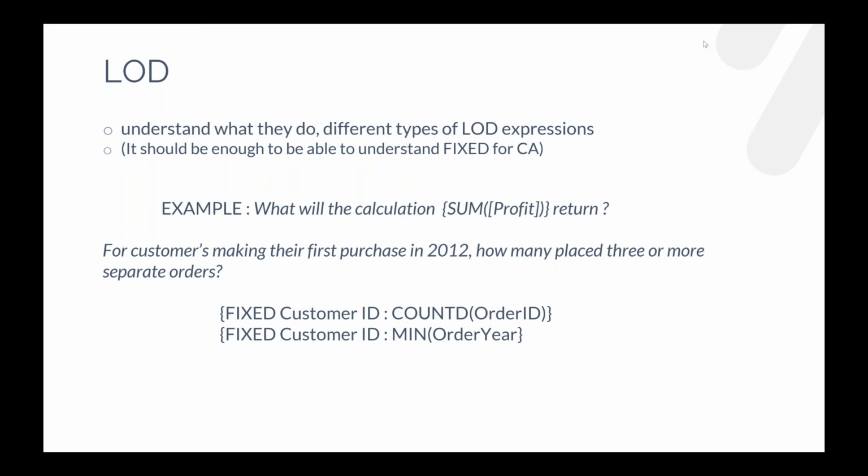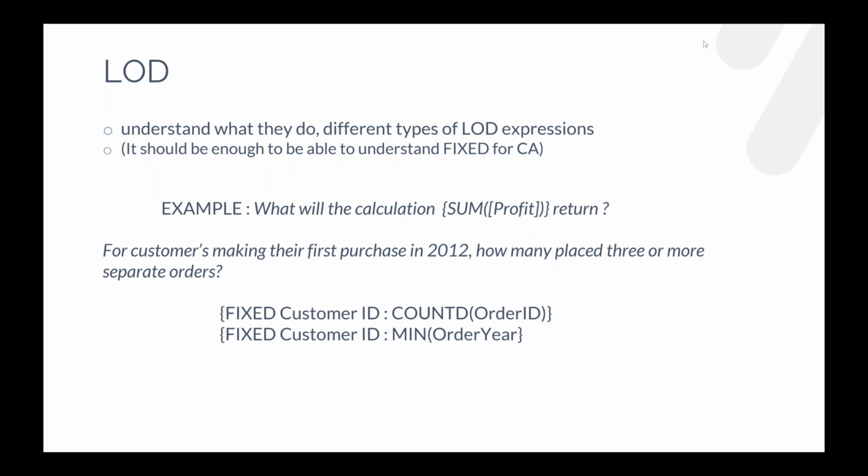So it might be a theoretical question. I don't know, they might ask you what the calculation sum of profit in these curly brackets will return. And you should understand that it is going to be the complete profit for everything that is in the data. Or you can fix that on different levels, but really make sure that you understand what they do.